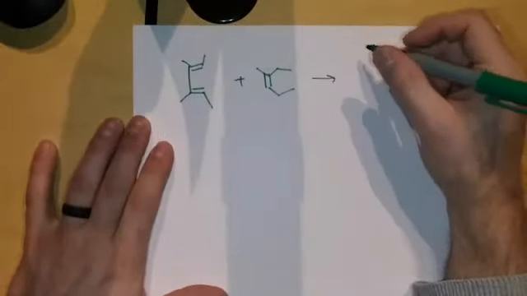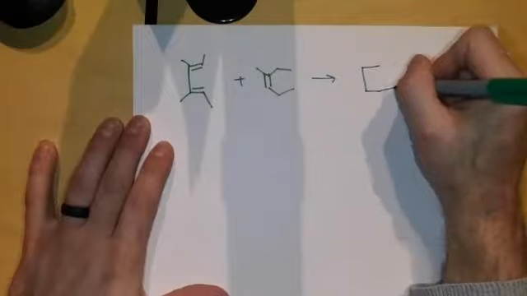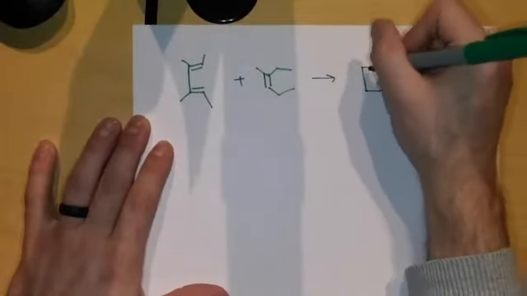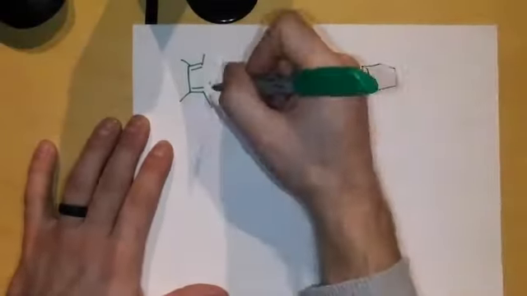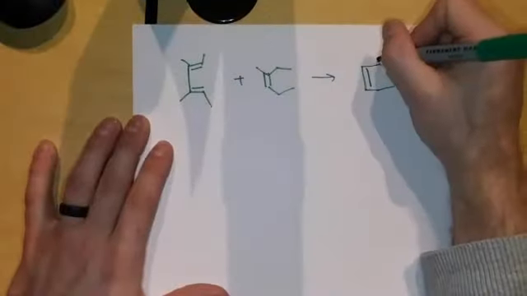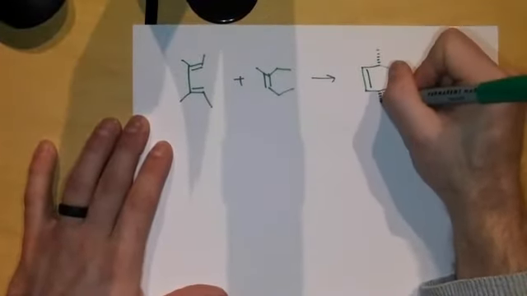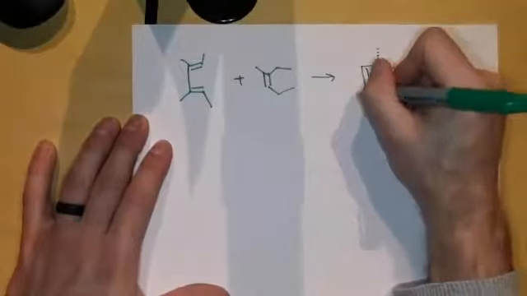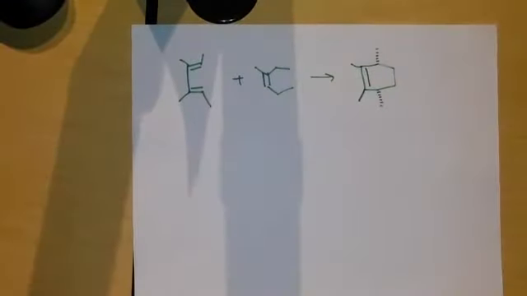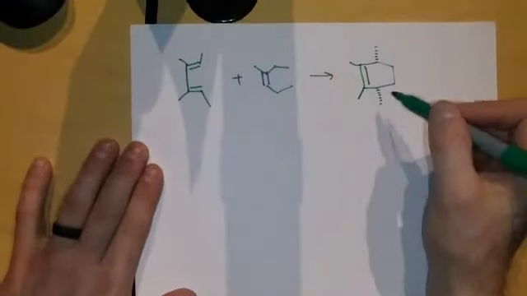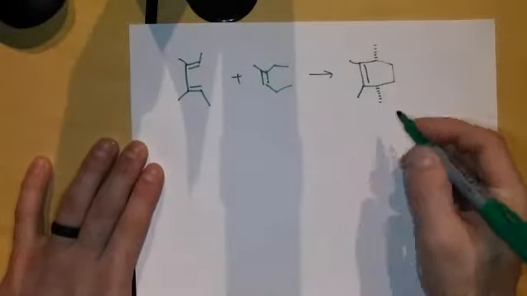The first one would be double bond. These guys are on the outside, so I'll draw them as dashes. These 2 are sp2. Doesn't matter. This is kind of our diene portion here.